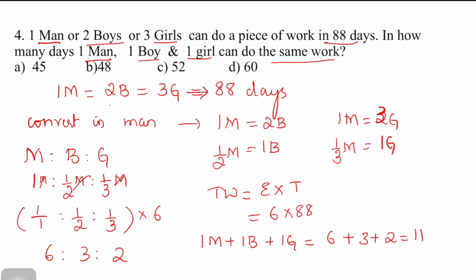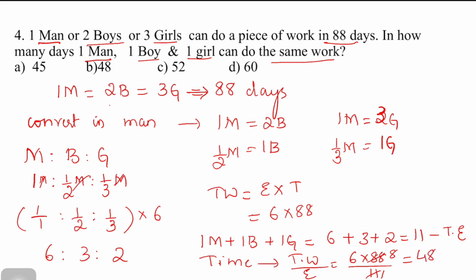This is total efficiency. Therefore total time taken by 1 man, 1 boy and 1 girl is total work divided by efficiency. So total work is 6 into 88 divided by efficiency 11. 11 ones are 11, 8s are 88. So 6 8s are 48 days. So the total time taken by 1 man, 1 boy and 1 girl is 48 days.